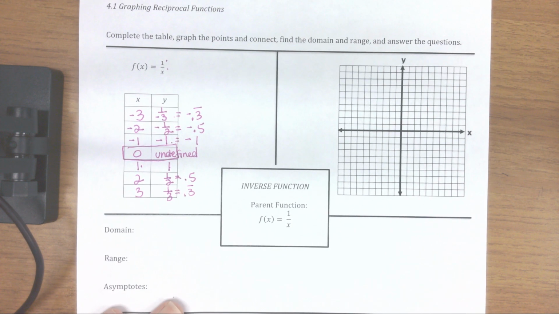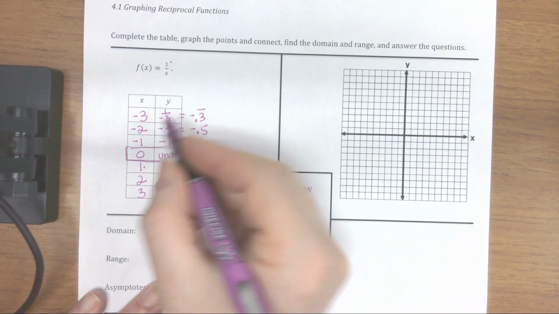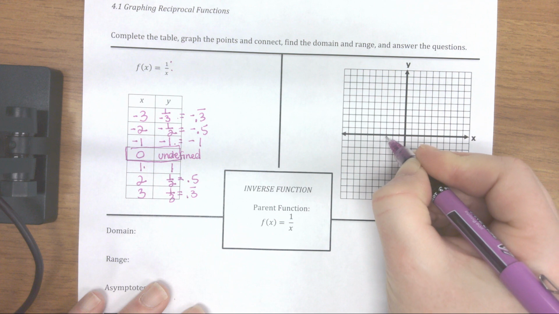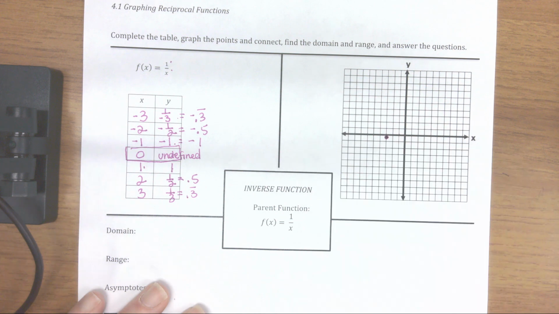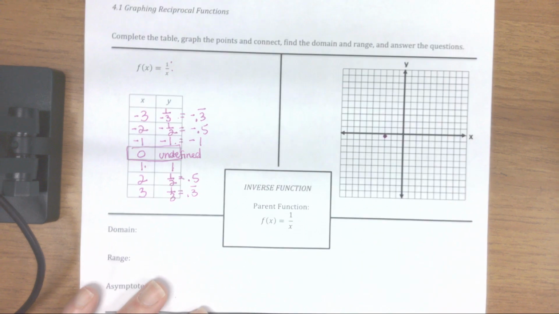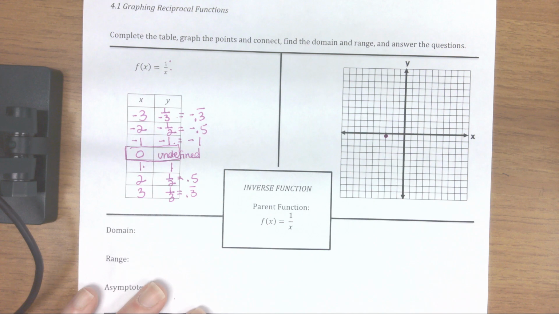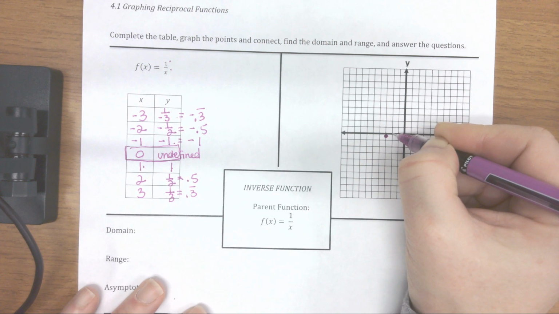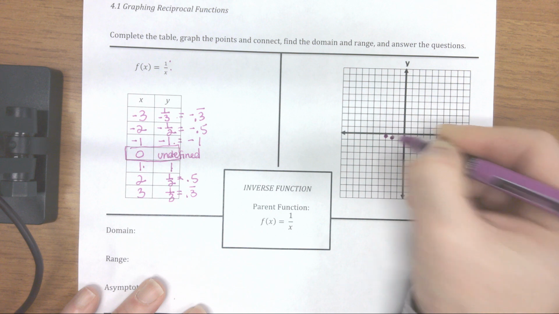So let's put our points on there. -3, so we're going to go over -3 and down 1/3. So you're going to put it really, really, really close to the x-axis. -2, -1/2, so you're going to put it halfway in between.